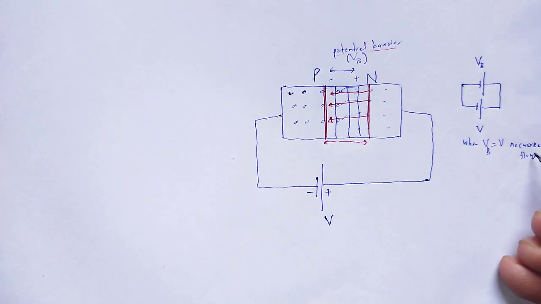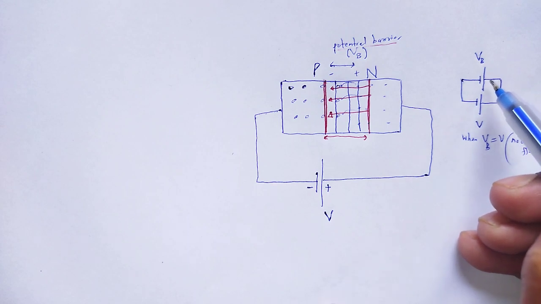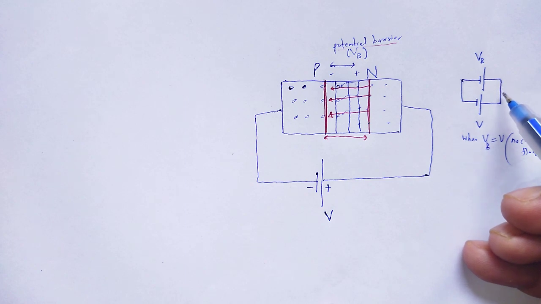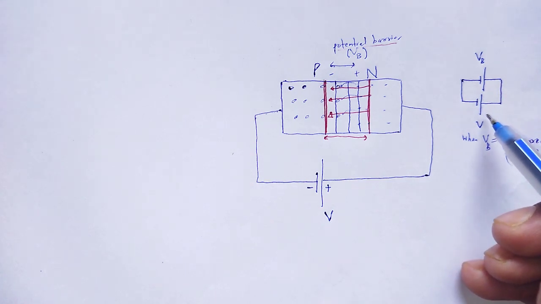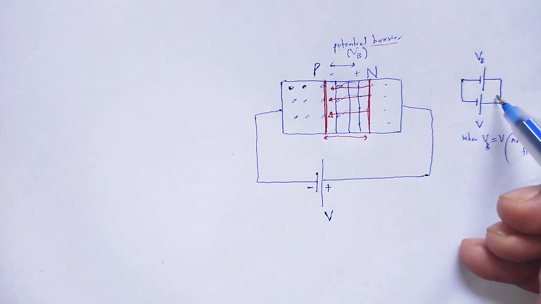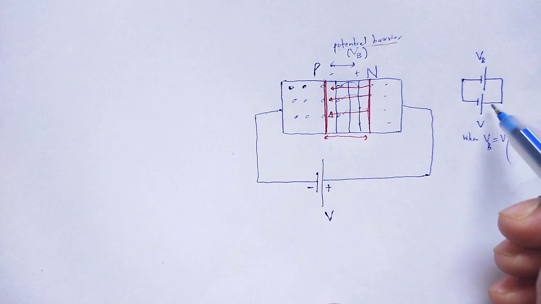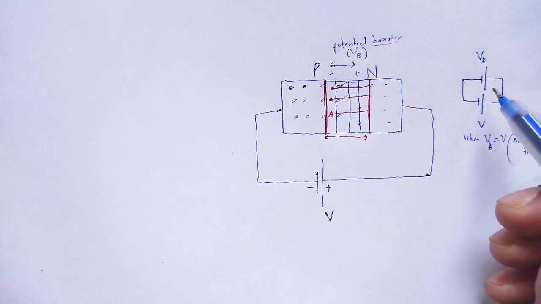Due to one potential, current flows in one direction, and due to the other potential, current flows from the positive to the negative terminal. The directions of flow of current in both situations are equal as well as opposite to each other.